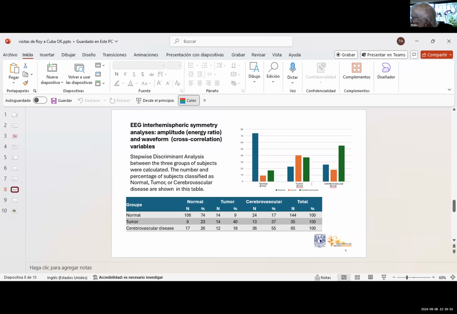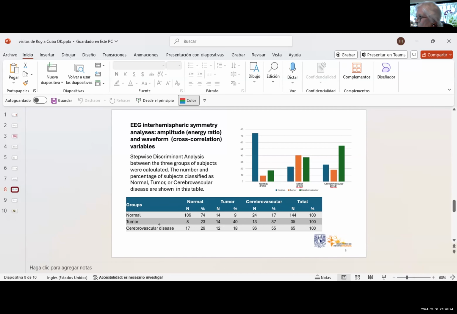Here we have the graph. You can see that among the tumor patients, some were classified as normal, but more of them were classified as brain tumors, and there was also a group that was classified as cerebrovascular patients.